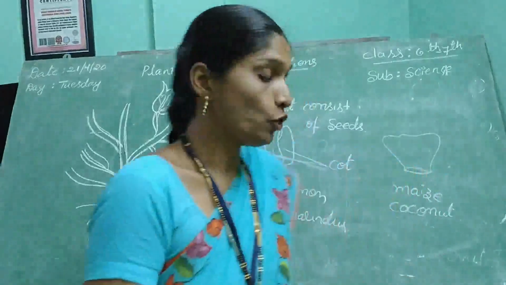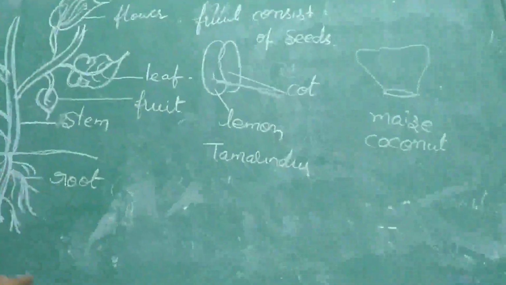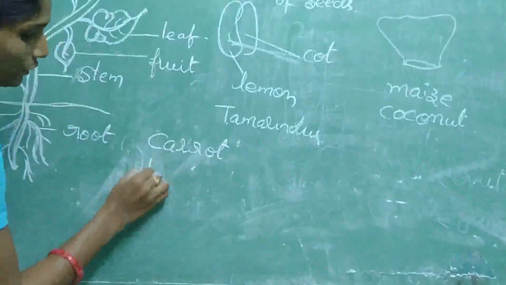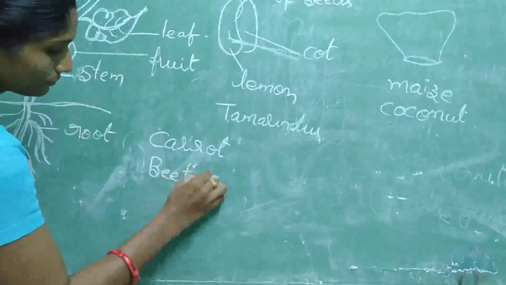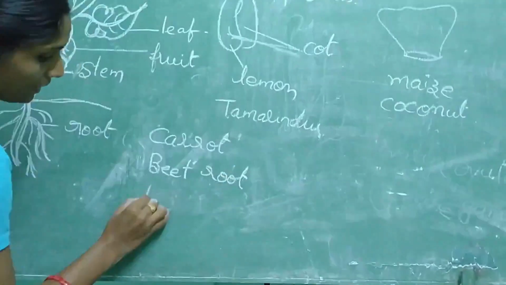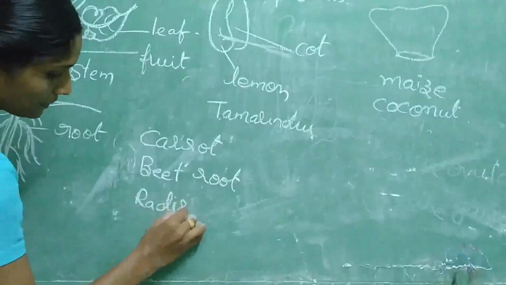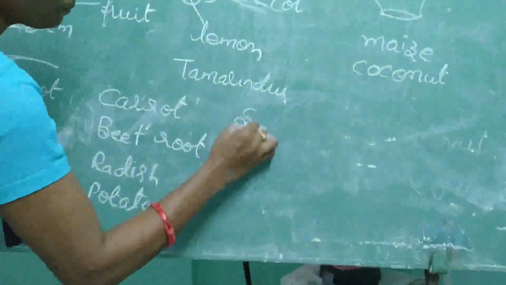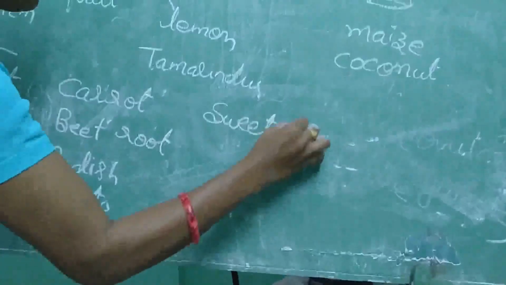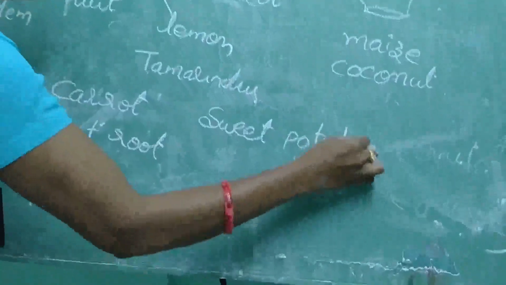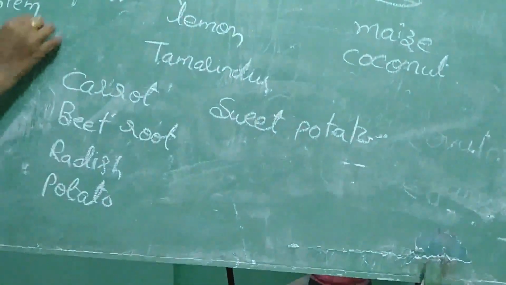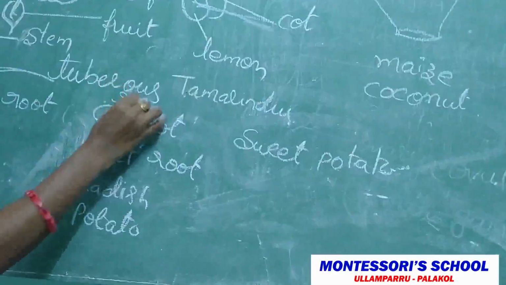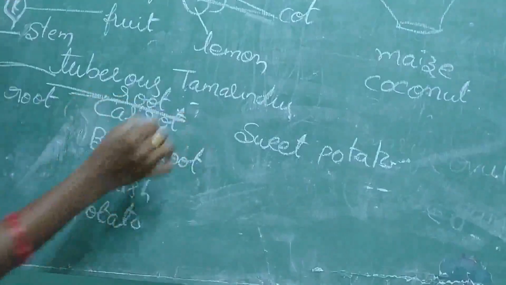The examples of tuberous roots are carrot, beetroot, radish, potato and sweet potato. Okay, these are the tuberous roots.